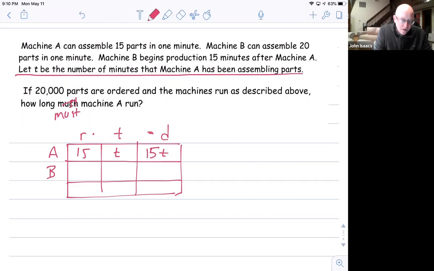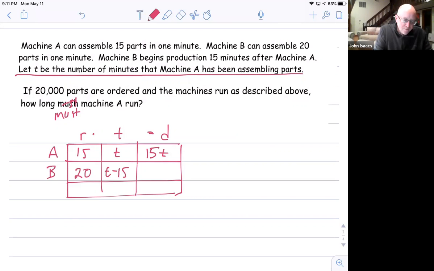Now, B runs and makes 20 parts per minute, so it runs faster, but it starts later. So here's where you do T. T is based on how long A has been running. So B has been running 15 minutes less than that. So that's T minus 15.